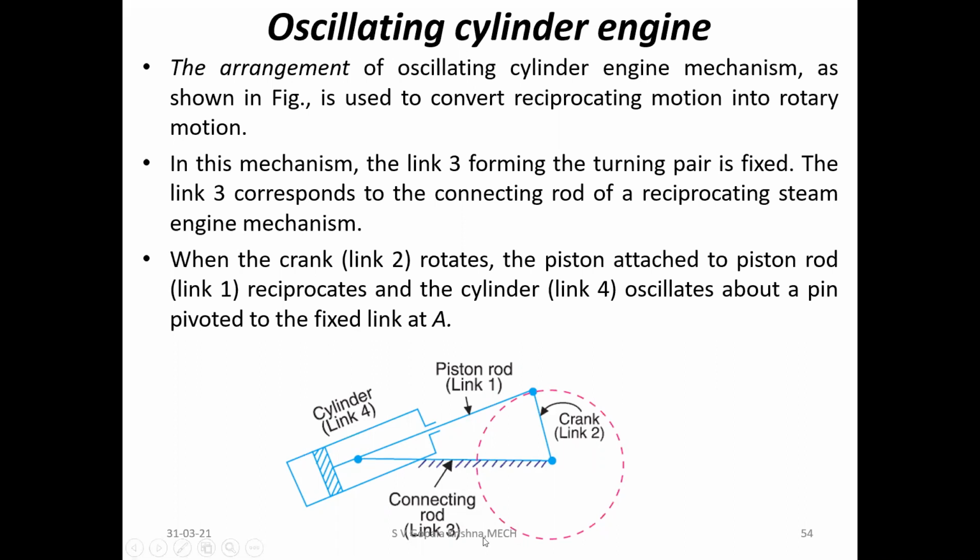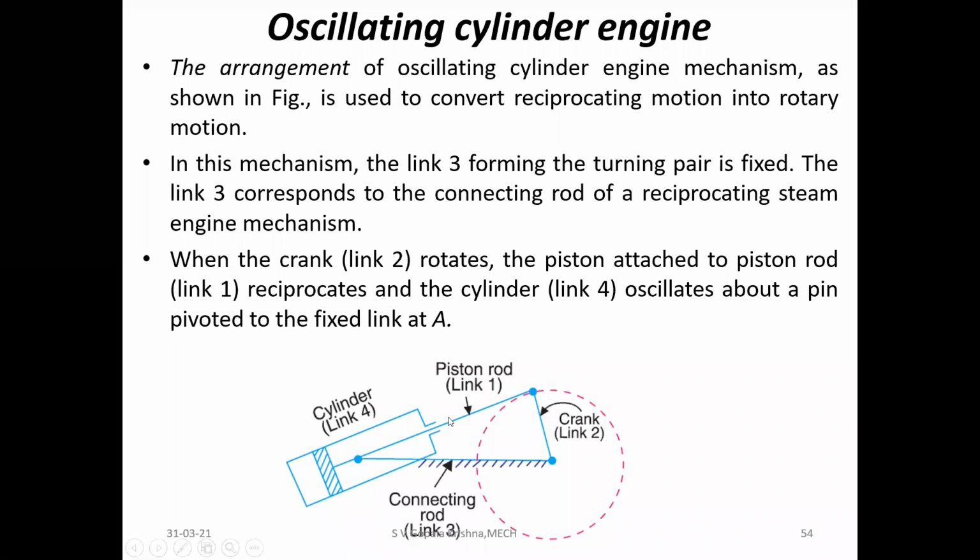Now the crank makes revolutions. With the help of the crank rotation, the motion is transmitted to the piston rod, which is directly connected to the piston in the cylinder. When the crank rotates, the cylinder oscillates, and we get reciprocating motion in the oscillating cylinder engine.